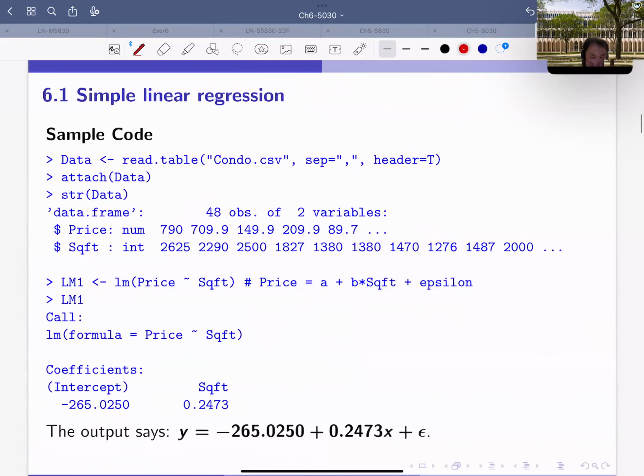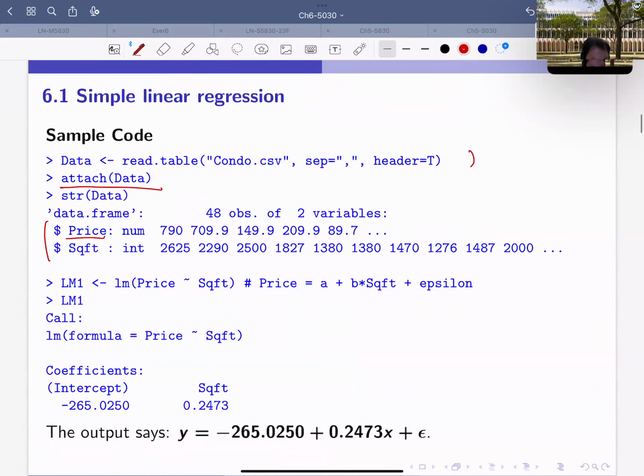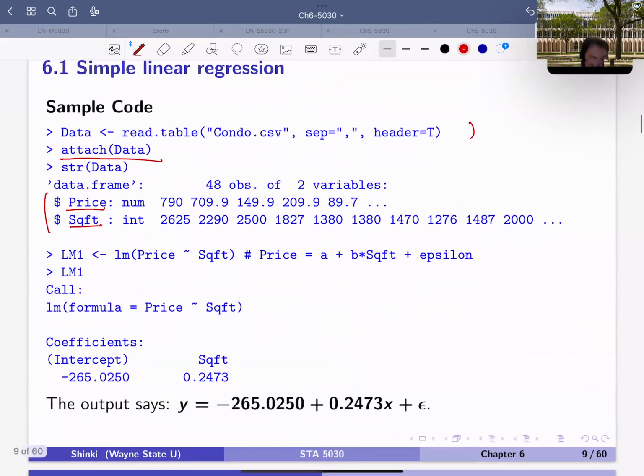And this can be done by this code in R. So this is data, and suppose data is this. The data frame has two variables, and actually we attach the data set. So the price and the square footage are now used as global variables.